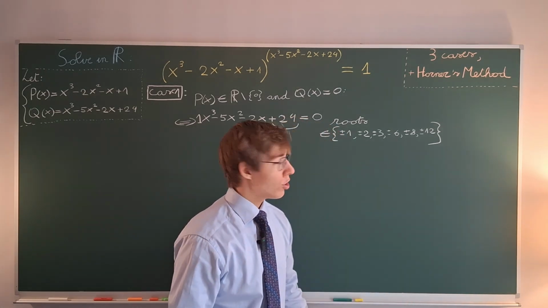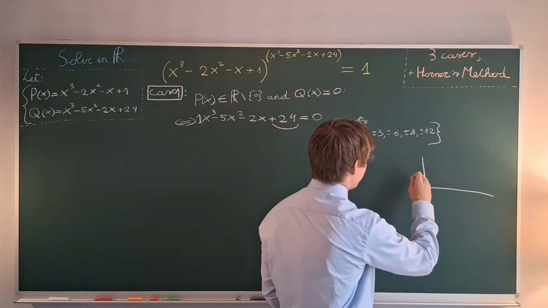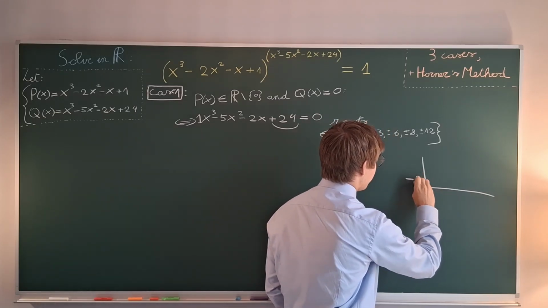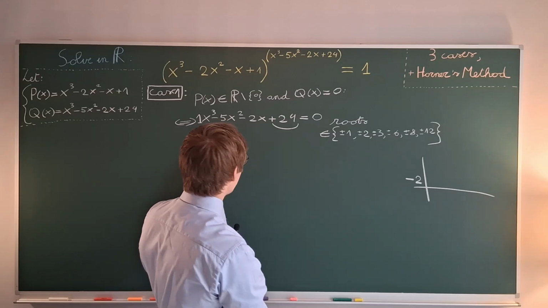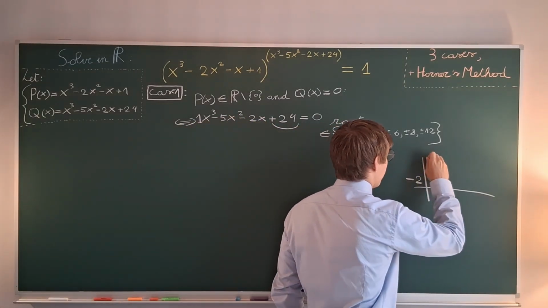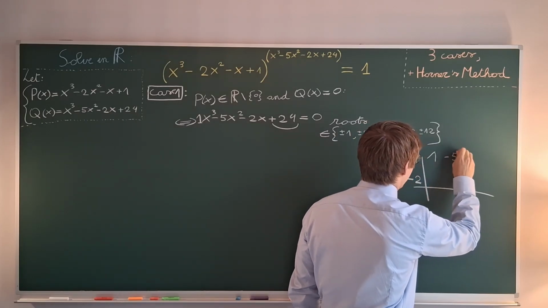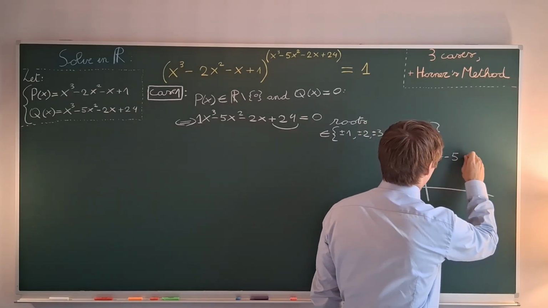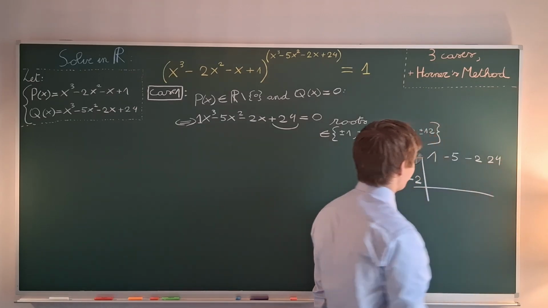And Horner's method works like this. We draw two lines, we put the root in here, minus 2, and here we will write all the coefficients of our polynomial, which in this case is 1x cubed minus 5x squared minus 2x and plus 24.